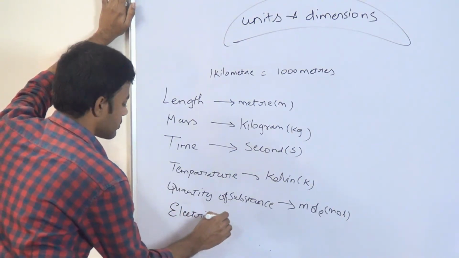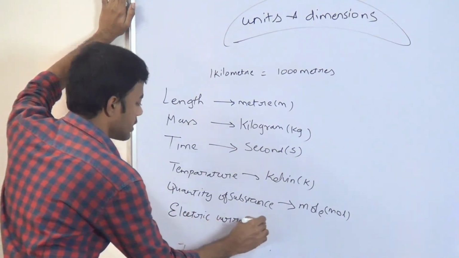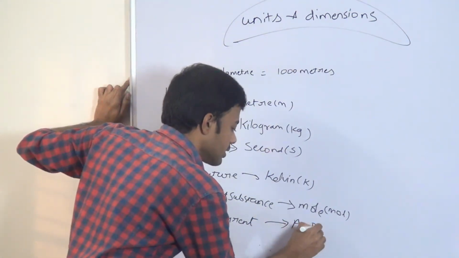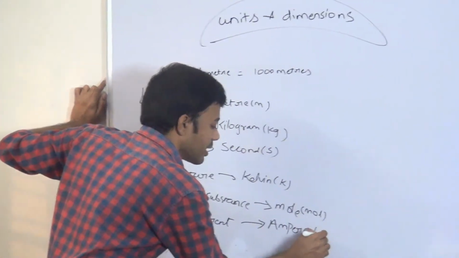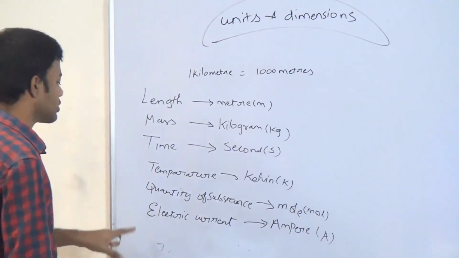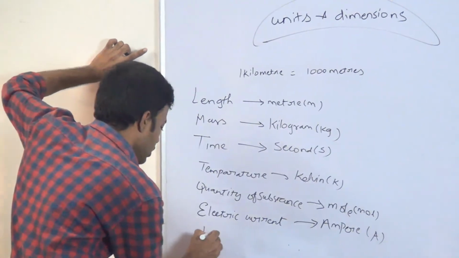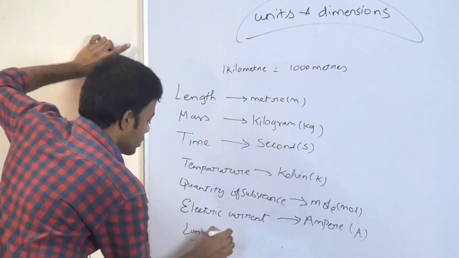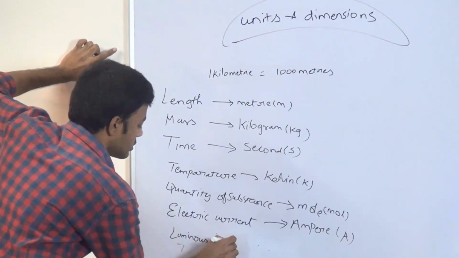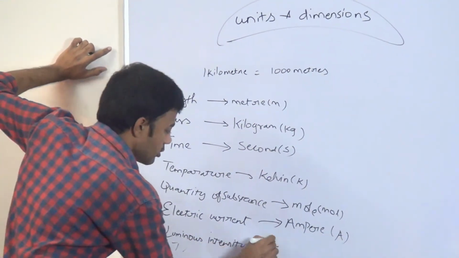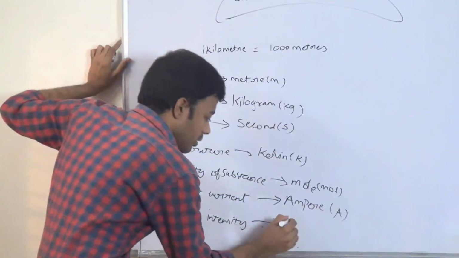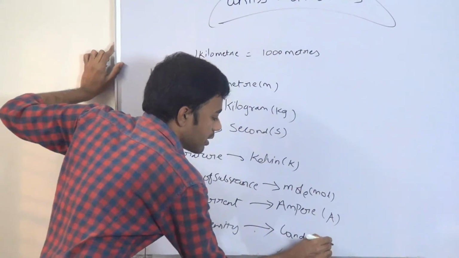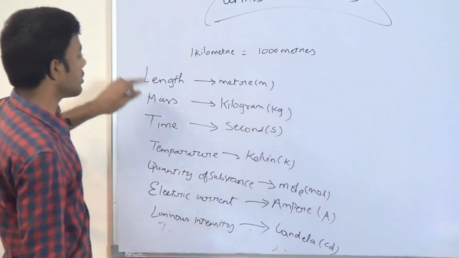Electric current is indicated in terms of amperes, which is indicated by the capital A. And at last we have luminous intensity. The luminous intensity has a unit of candela in SI, capital cd. So these are the units that we have.